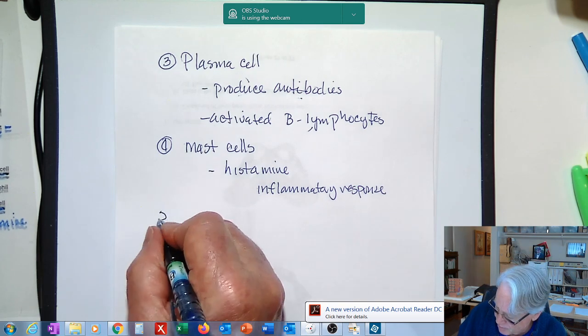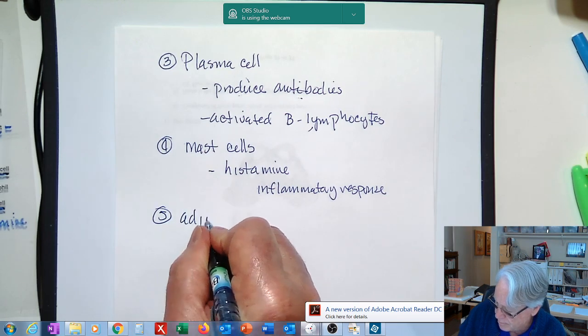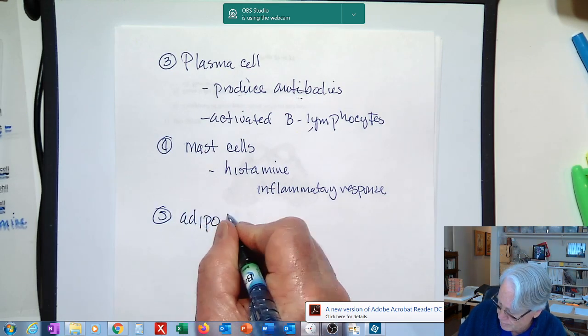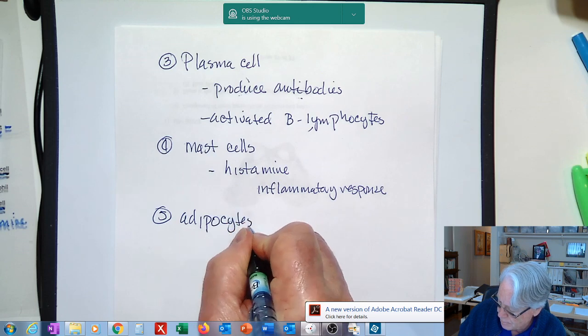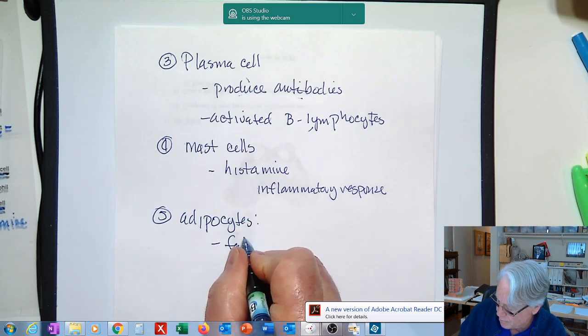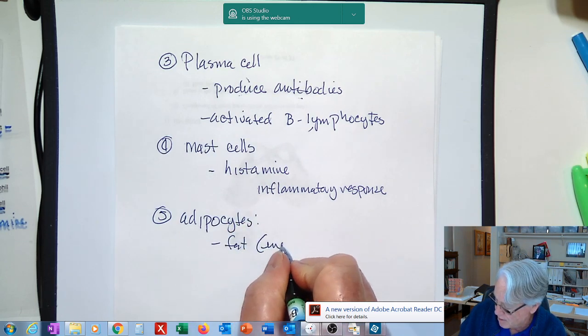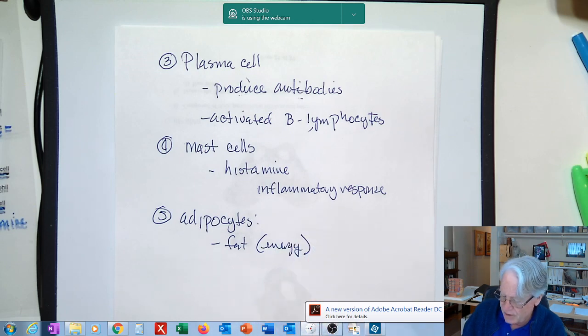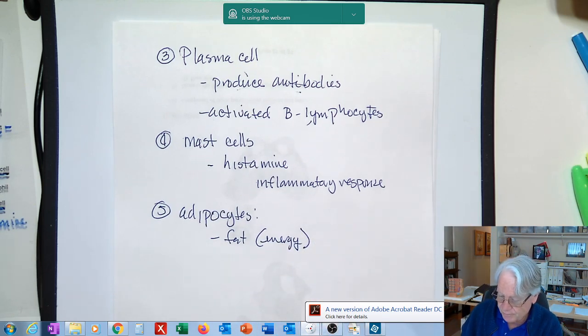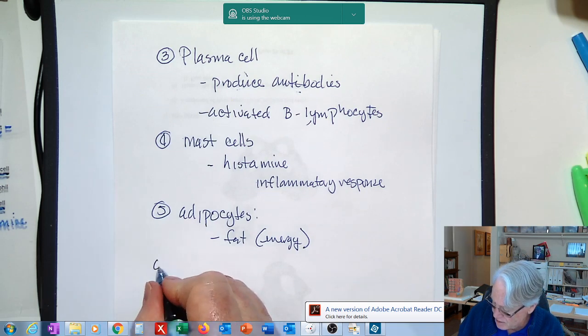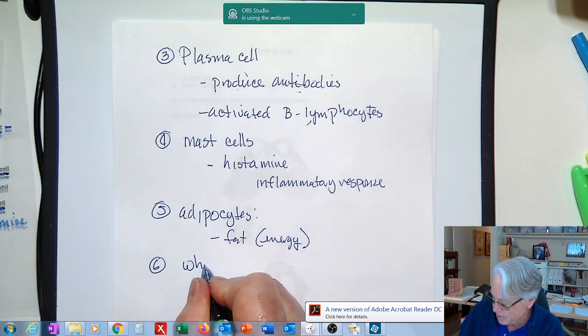We also have adipocytes. And of course this brings in fat and is a source of energy in the connective tissue. Then we have a variety of white blood cells.